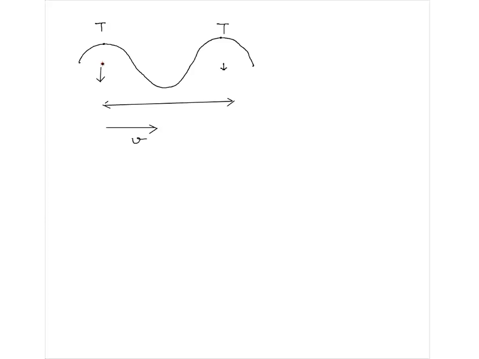When this went down, up, up, down, came back, at that very moment this fellow also started doing the same activity. What it means is that the time it took to go down, up, up, down, in exactly the same time, wave traveled this distance.